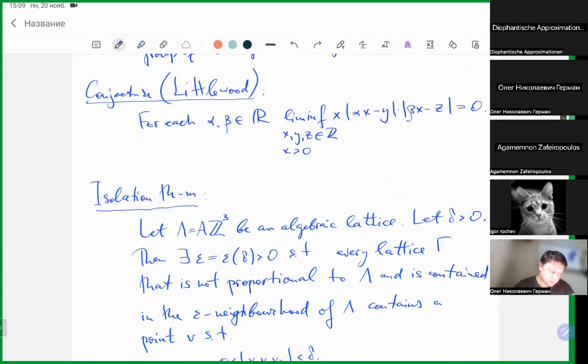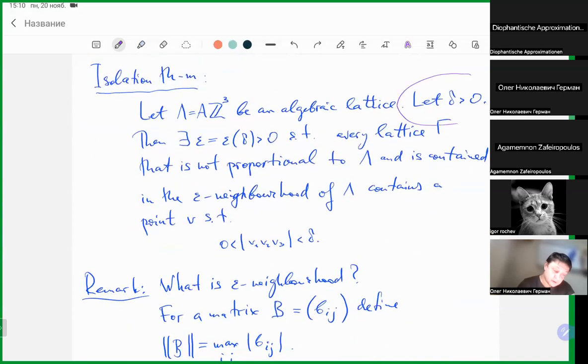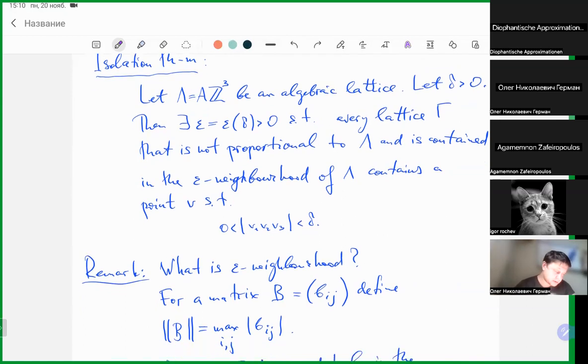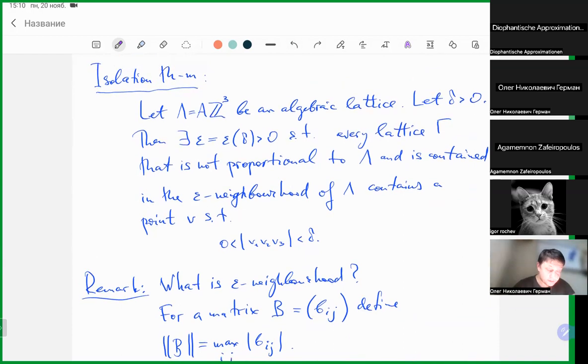So to be more precise, given an arbitrary positive delta, if we alter our lattice, by the way, given by this fixed matrix A, assuming that this lattice is algebraic, then there will exist some small epsilon such that for every lattice gamma in this epsilon neighborhood of lambda, the following statement will be true.